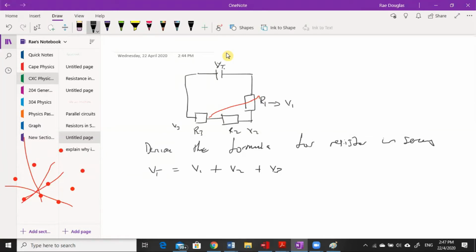And if I combine everything back, it must give me back the total voltage. So VT, this is the question we did a while ago, we can also determine, because in a series circuit, we said that the current remains constant. So we can say that RT, which is our total resistance, upon I is equal to all of this.